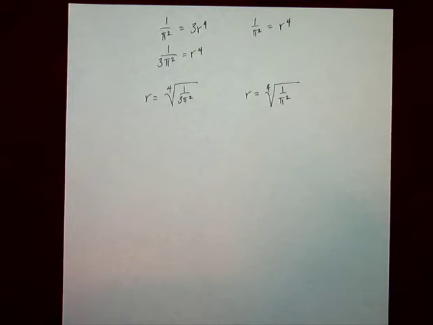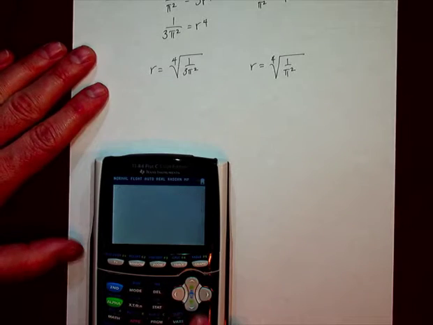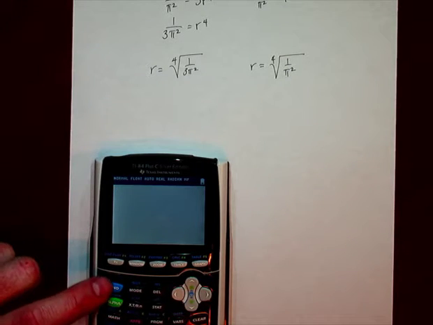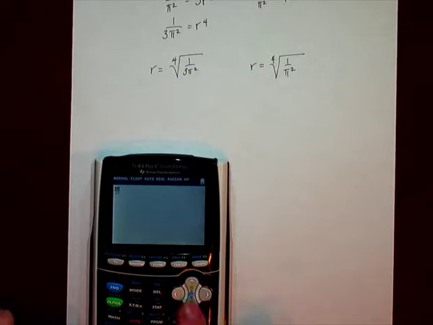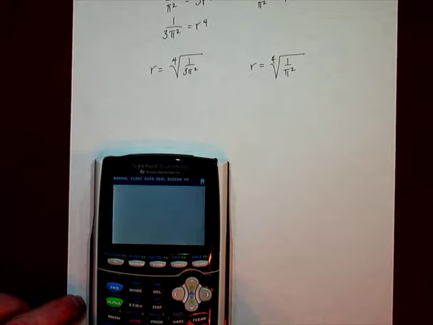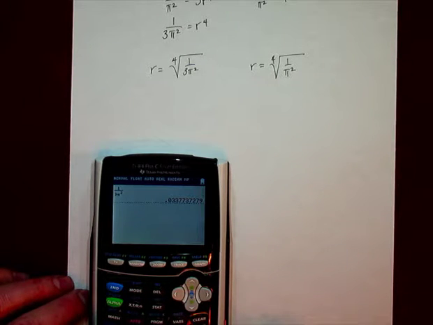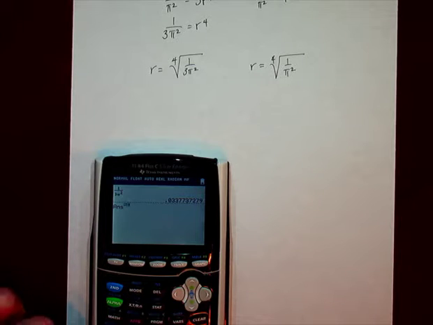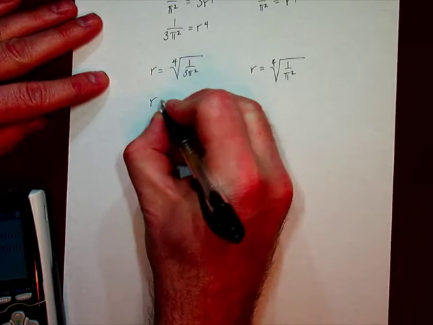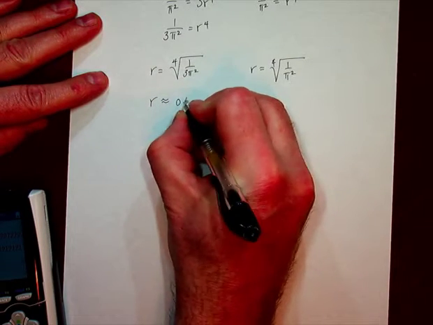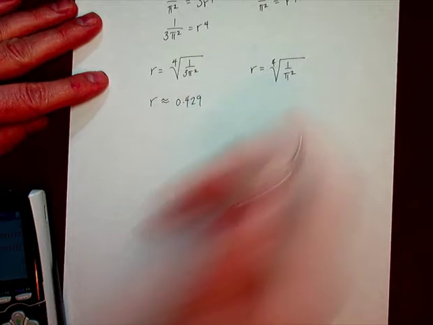Whew. All right, let's take a look at those values and see what they look like. So we have 1 divided by 3 pi squared, and we're going to raise that to the 1/4 power. If we do that, we get r is equal to 0.429.